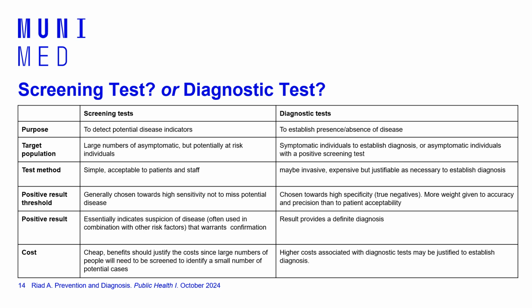And that's why screening test is usually simple, acceptable for the patients. However, the diagnostic test is more invasive because it's applicable only for a smaller portion of the suspected cases. The positive results threshold is generally chosen towards high sensitivity, not to miss potential disease. So in screening test, we try not to miss anyone.